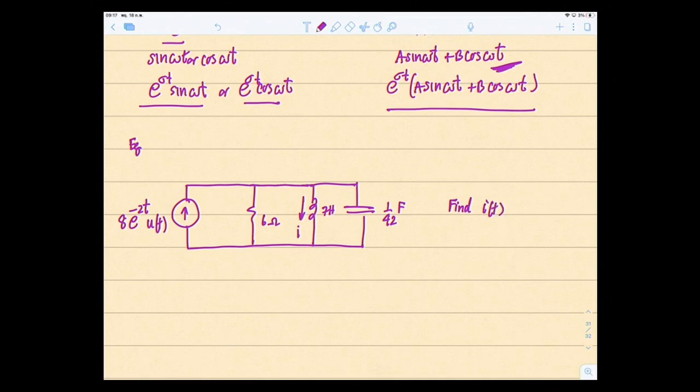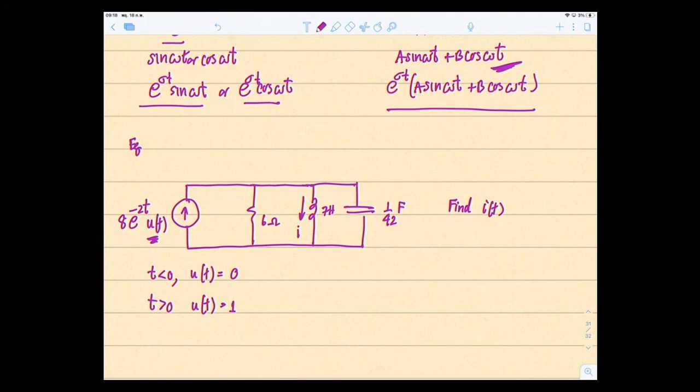I hope you remember we did the unit step, this u of t right here, which is called the unit step function. The definition is, if t is less than 0, u of t is equal to 0. If t is greater than 0, u of t is equal to 1.